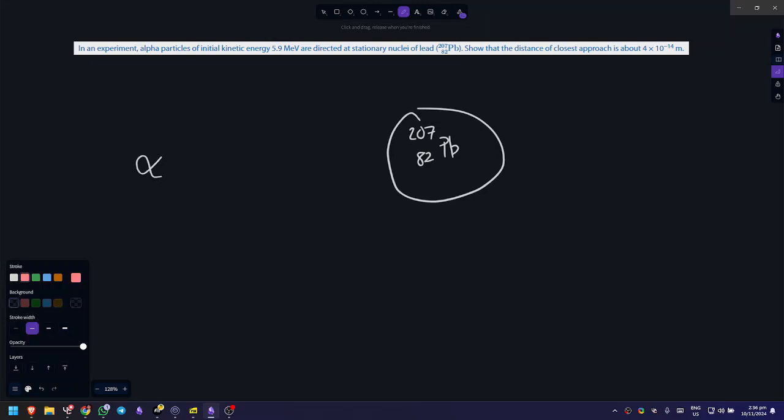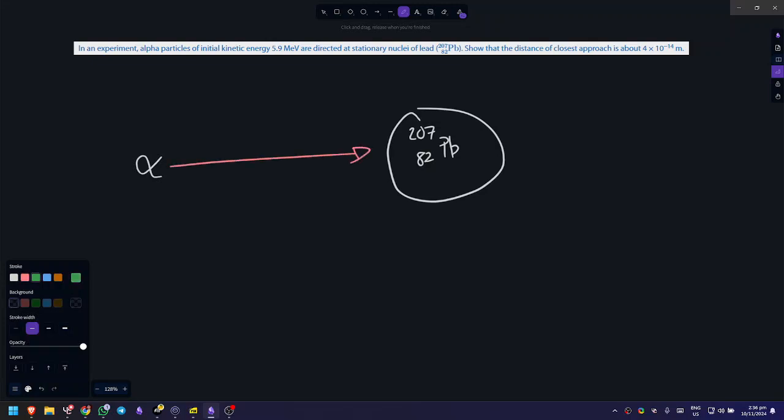Okay, here's a full explanation of how to solve distance of closest approach problems. Basically, closest approach is this: if you have a nucleus, let's say of lead-207 (82 protons), and we're trying to fire an alpha particle at it, directly over here.